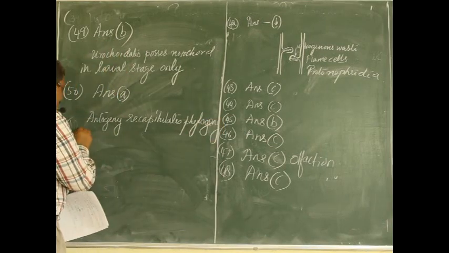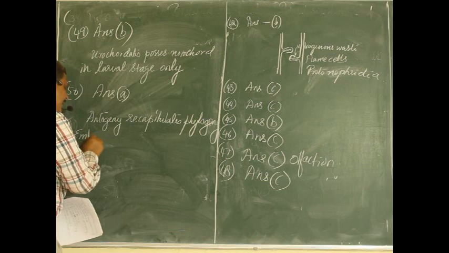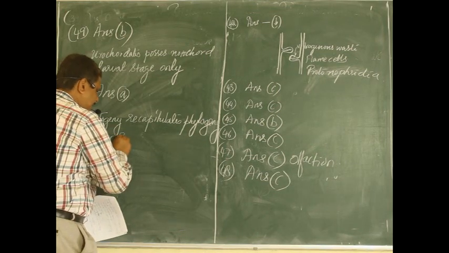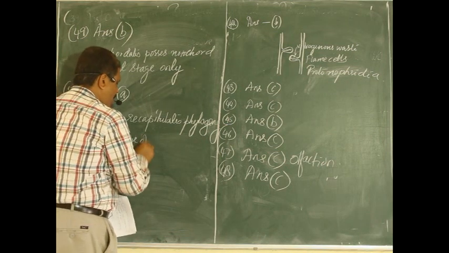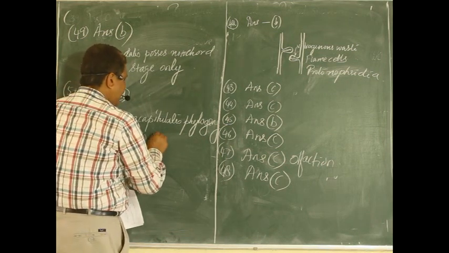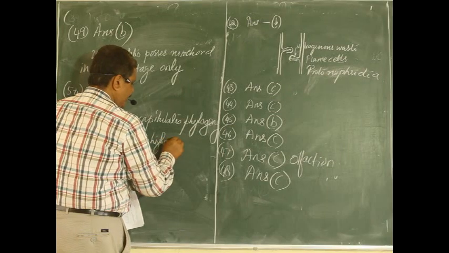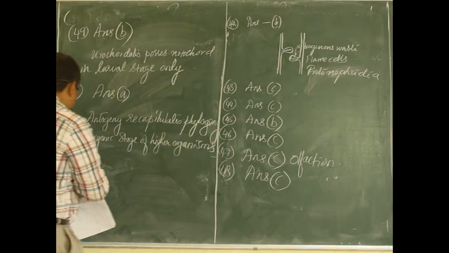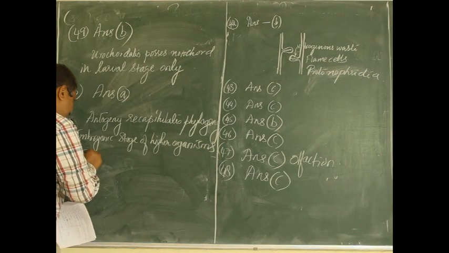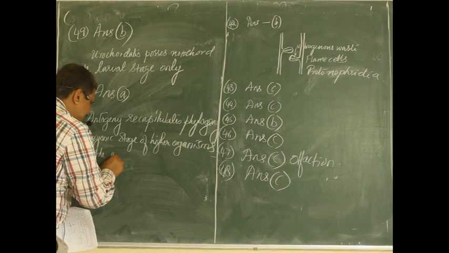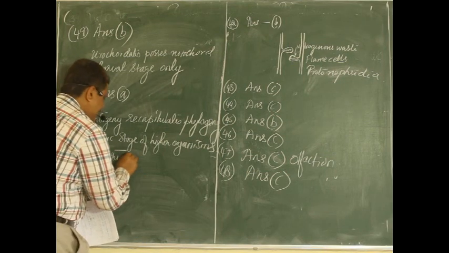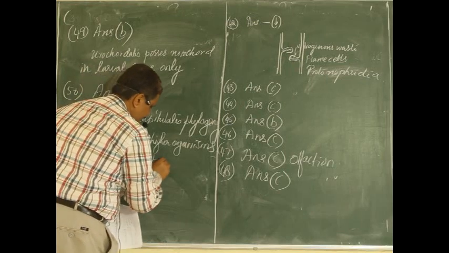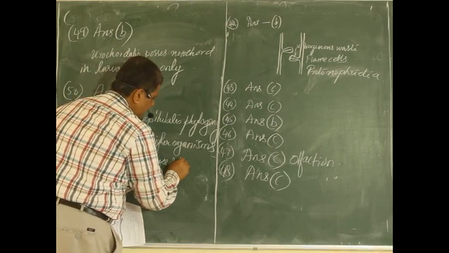That means the embryonic stages of higher organisms resemble the adult stages of lower organisms.